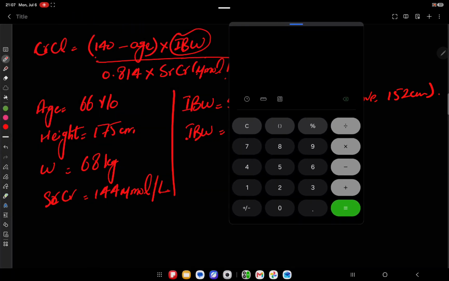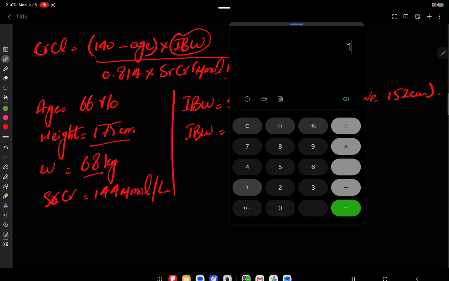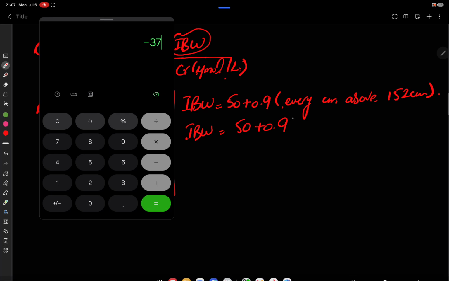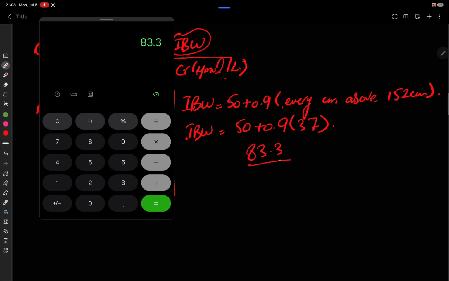We got the height of 175, so 175 minus 152, it will be 37. So 37 into 0.9 will be 33.3. We'll add it to 50, so it will be 83.3.